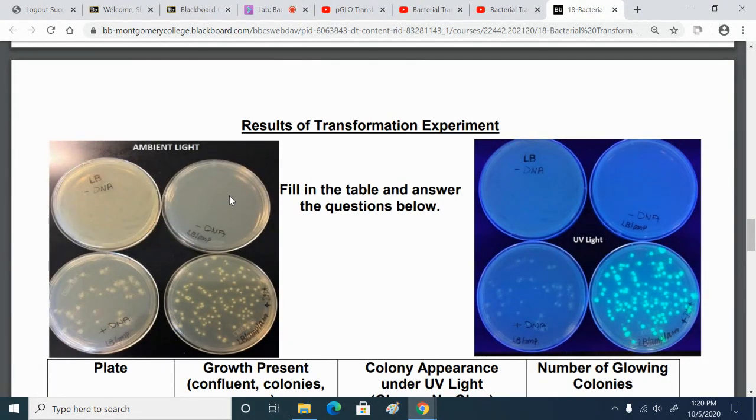The operon didn't turn on? There's no operon here. It's just plain E. coli. What's in the agar?